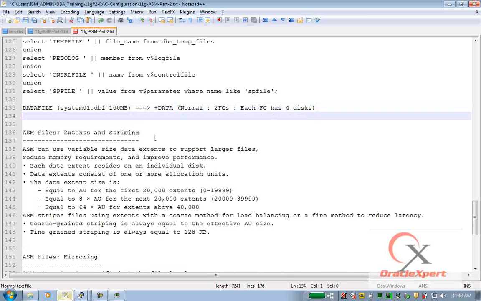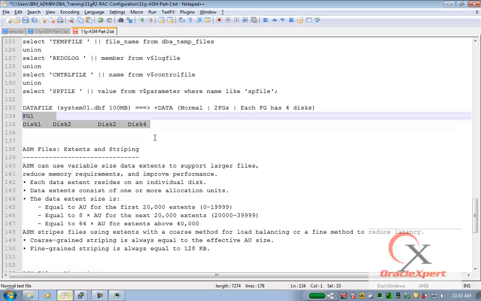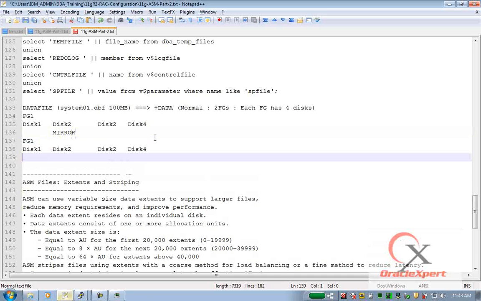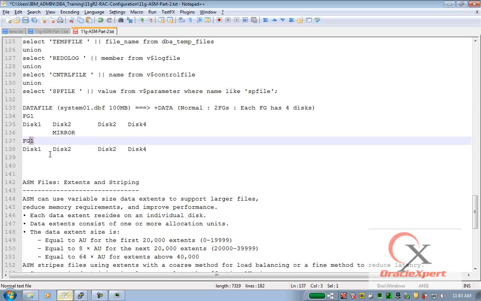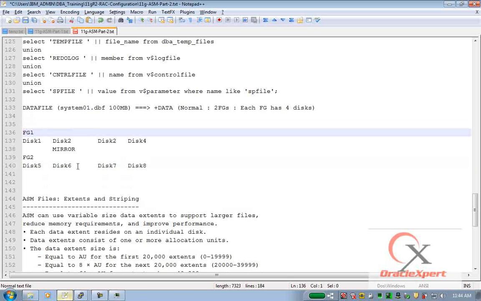Then within FG1 I have disk 1, disk 2, disk 3 and disk 4. Within FG2, let's say I have disk 5, disk 6, disk 7 and disk 8, and I am now asking Oracle to store my configuration into this particular disk group.